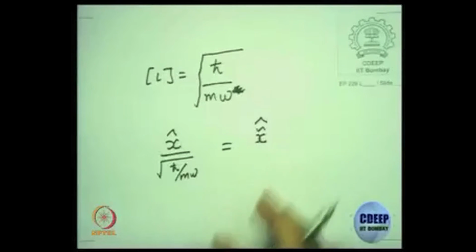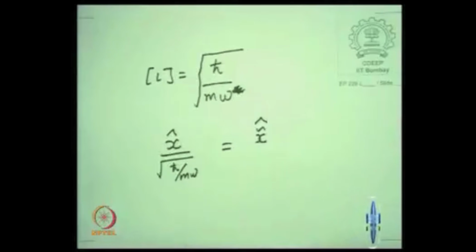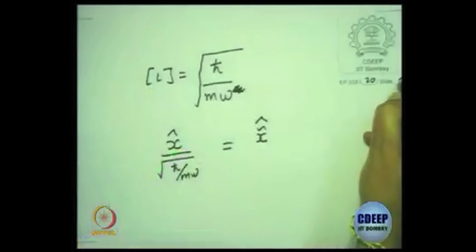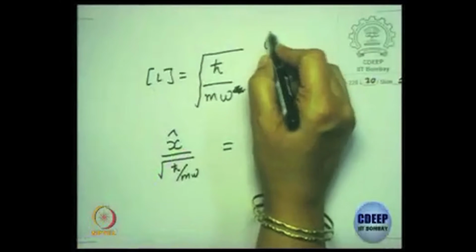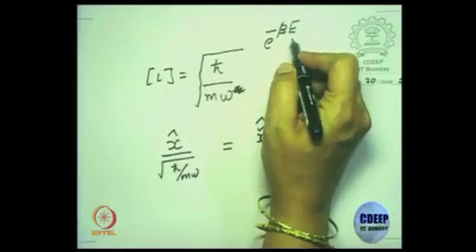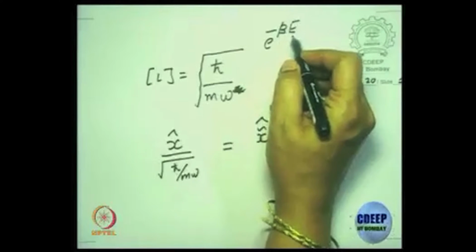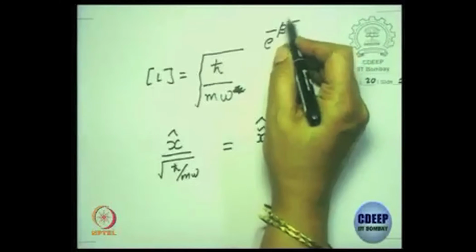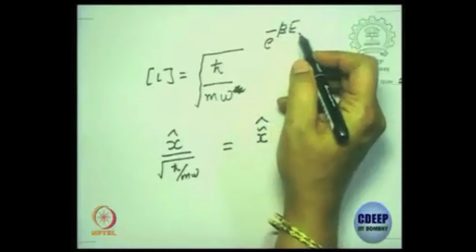Many times it's convenient to work with dimensionless quantities. So if you see your Boltzmann distribution, you write e to the minus beta E, right? Beta should have dimensions of inverse energy, so that the exponential thing becomes dimensionless.